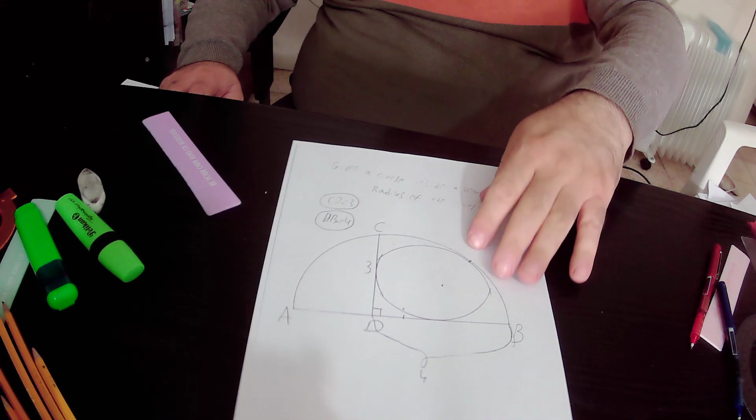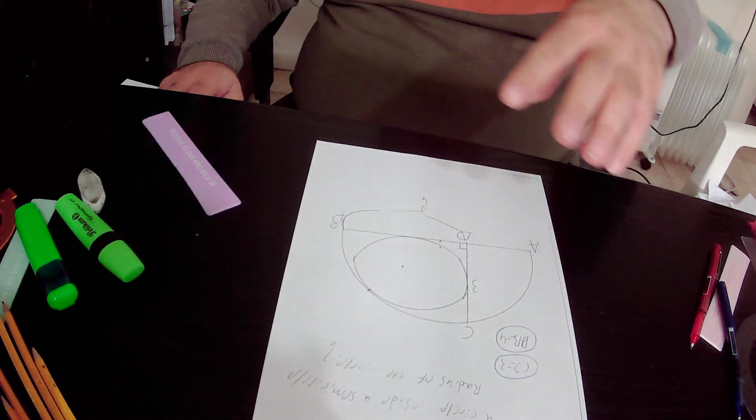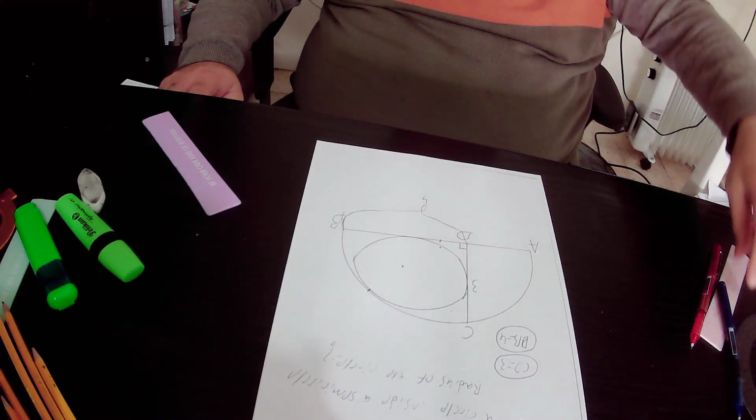Okay, so first of all we will do a construction. We will complete the semicircle to a circle.